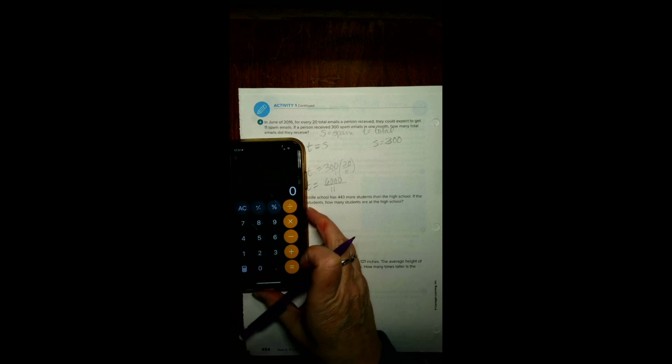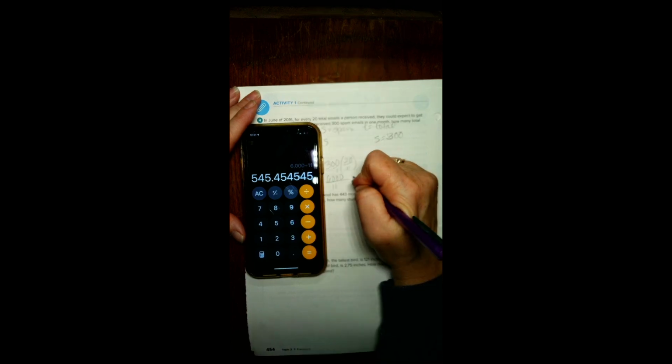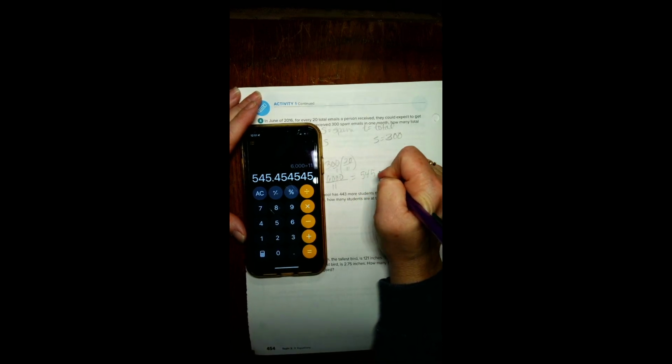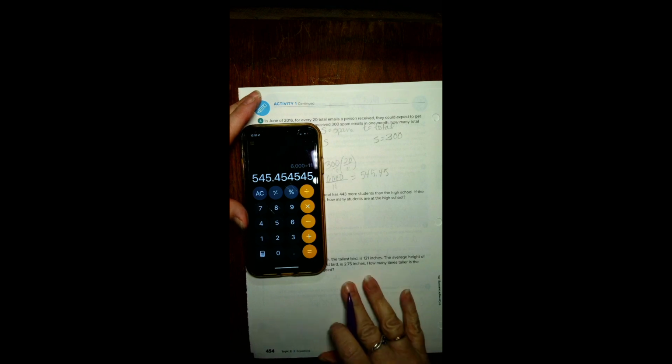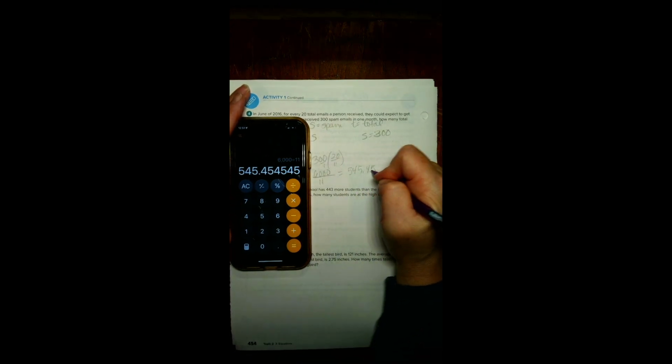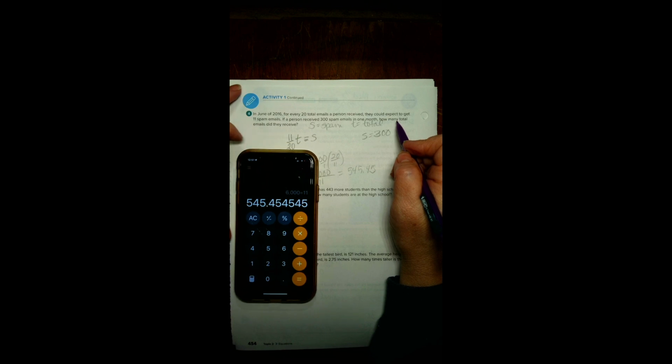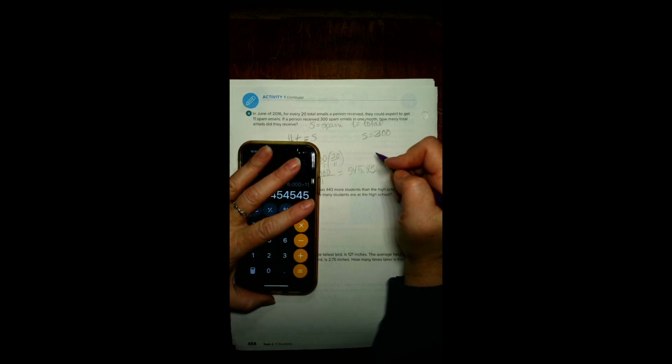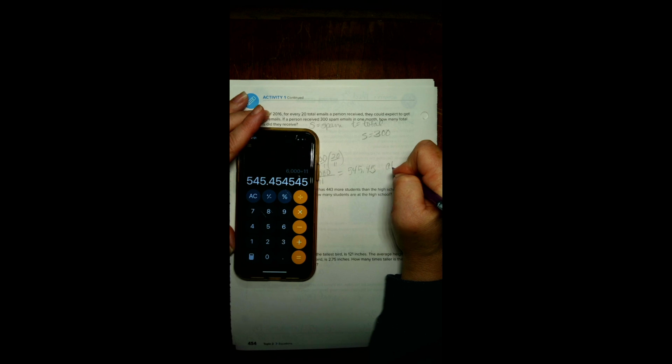So 6,000 divided by 11 equals 545.45. Now we can't get 45 hundredths of an email, so we'll have to round it. It doesn't tell us to round, but obviously we'll have to. So we'll say about 545 total emails.